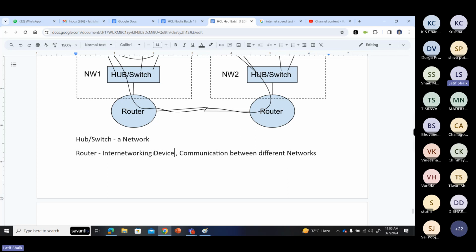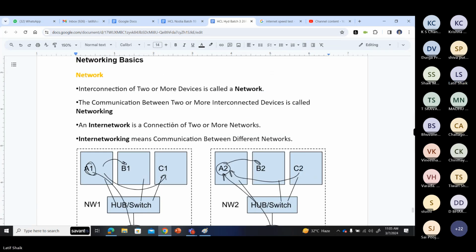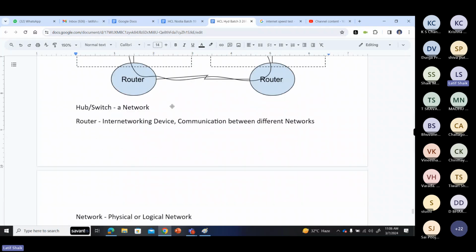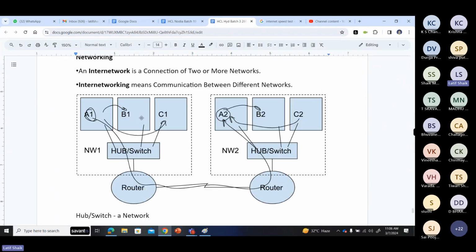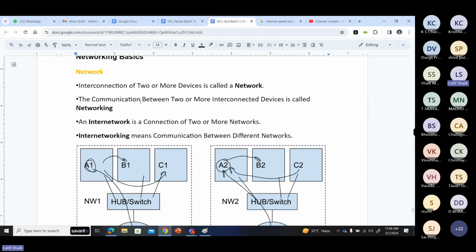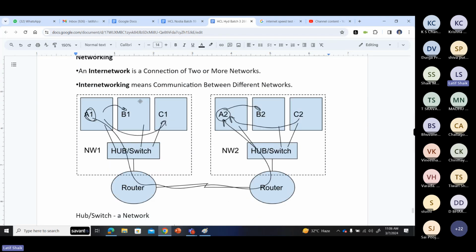It handles communication between different networks. So I think you cleared this part: network, networking, internetwork, and internetworking.